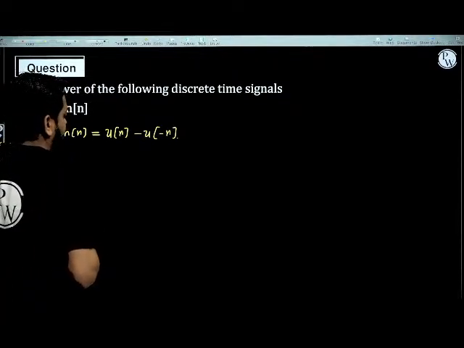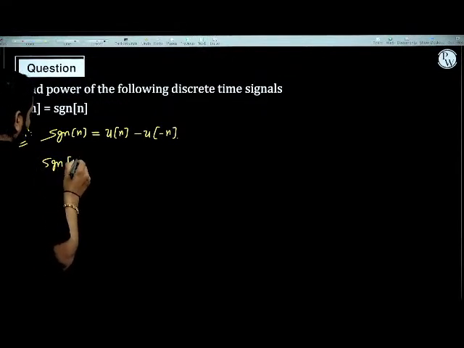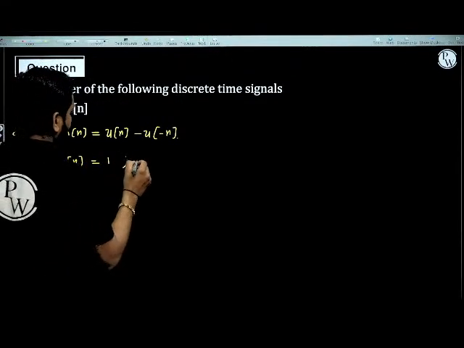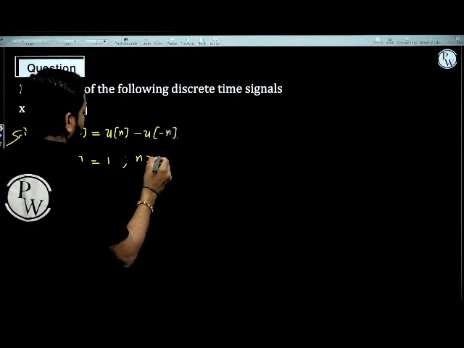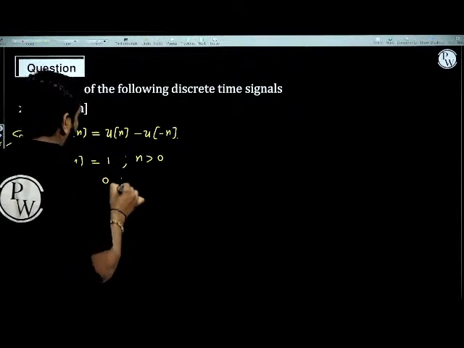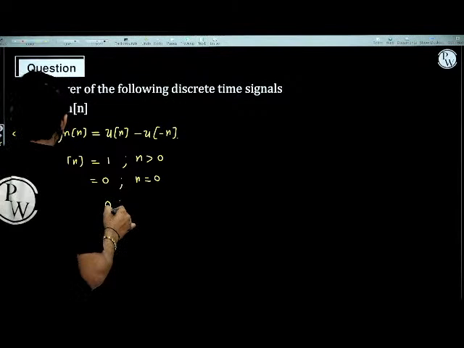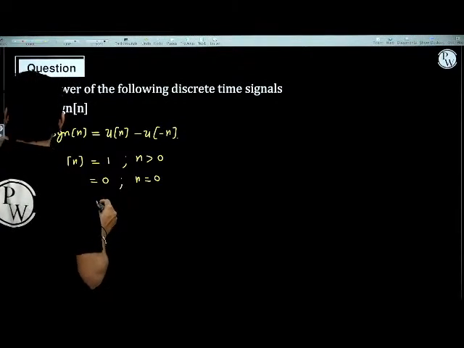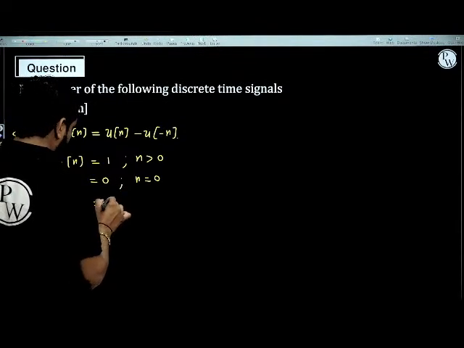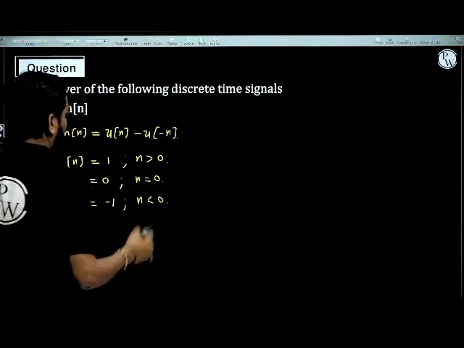The signum function is also written as 1 for n greater than 0, 0 for n equal to 0, and minus 1 for n less than 0, correct?